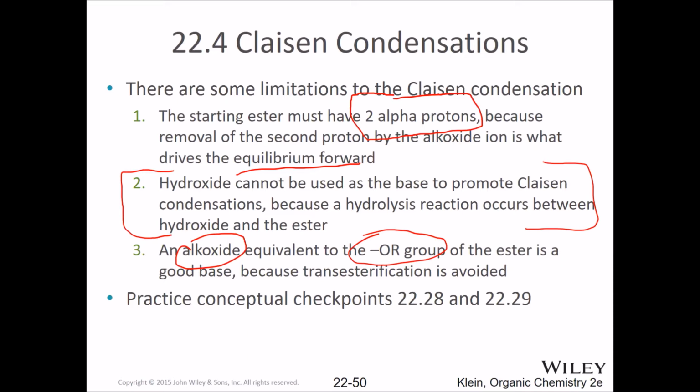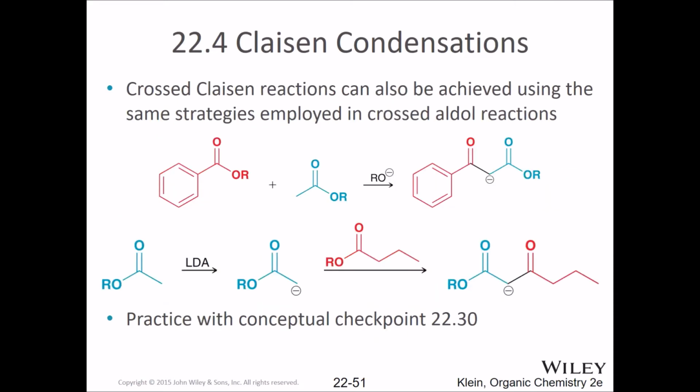I think this might be the last slide here. No, we have a couple more, sorry. Okay, so crossed Claisen reactions can also be achieved using the same strategies employed in crossed aldol. Strategy one, we have one that has no alpha hydrogens.